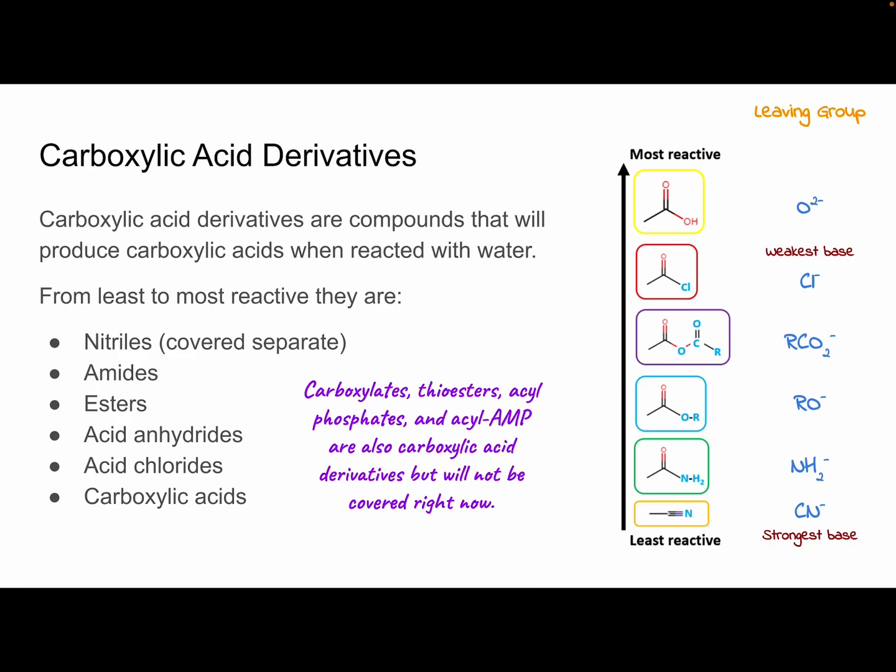I have the structures listed over here, along with the leaving group that we'll be leaving as we are reacting these. At the top, we've got carboxylic acid, that's our most reactive. And then underneath of that, as you start looking at those leaving groups, you should notice that you go from weak to strong base. So the conjugate acids at the top are strongest, at the bottom are weakest. Hopefully that made sense.